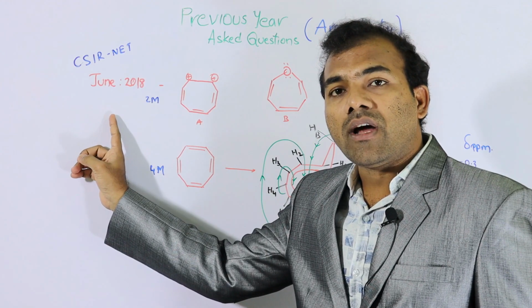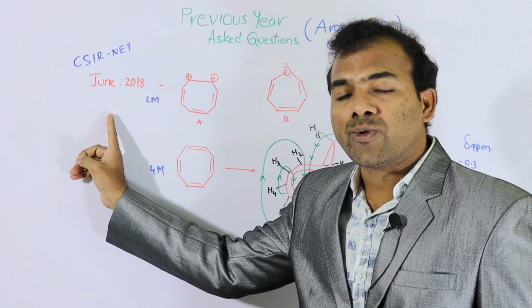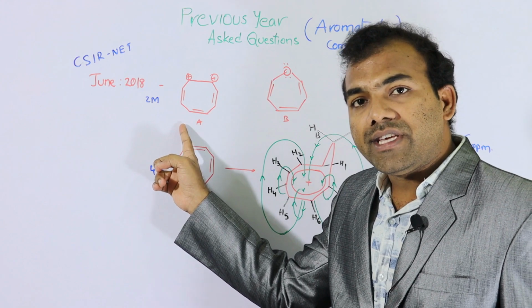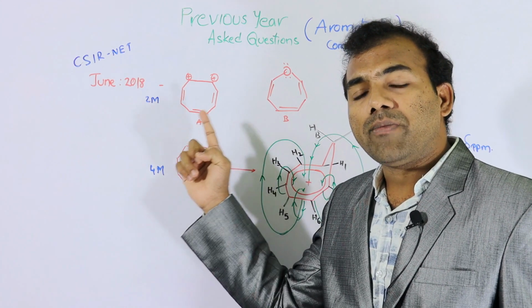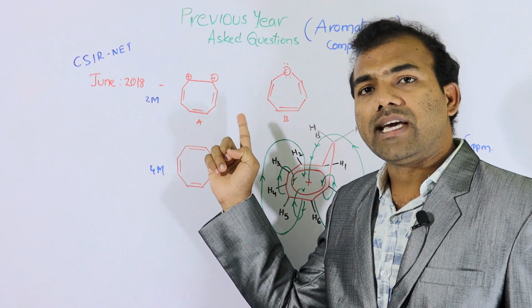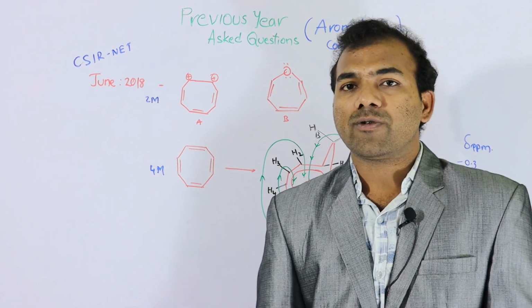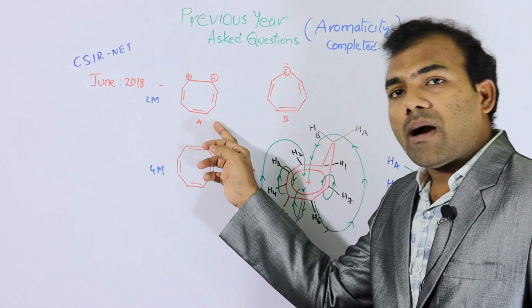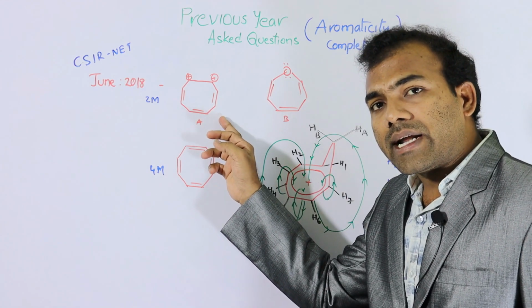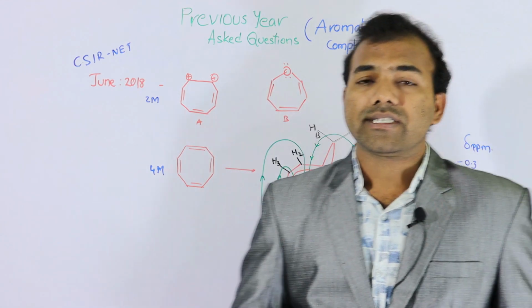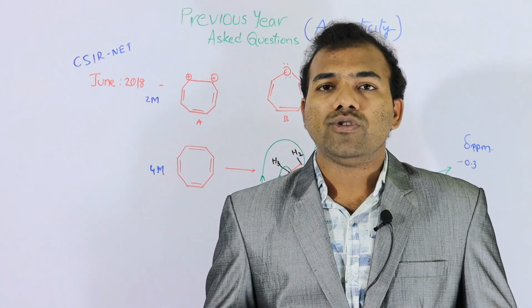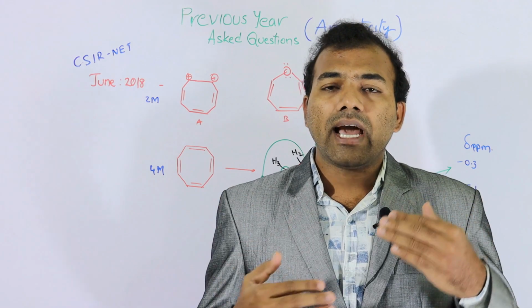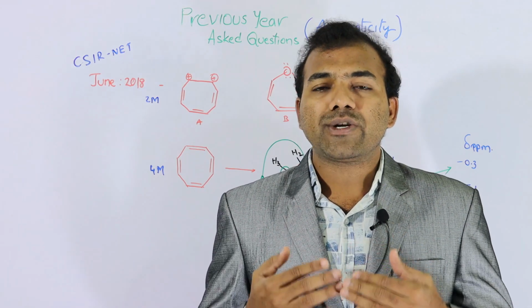This question was asked in CSIR-NET June 2018. He has given these two compounds and asked whether they are aromatic or anti-aromatic. From the four given options, we have to choose one. This compound is derived from cyclooctatetraene, which is generally non-aromatic due to the interaction between inner or cis hydrogens.